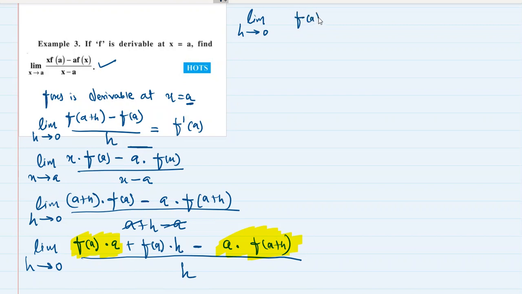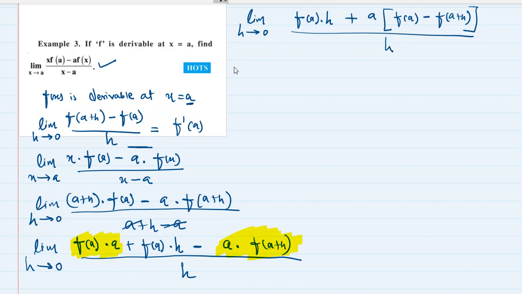f of a multiplied by h plus, let's take out a common and write it as a bracket f of a minus f of a plus h, bracket close, the whole upon h.